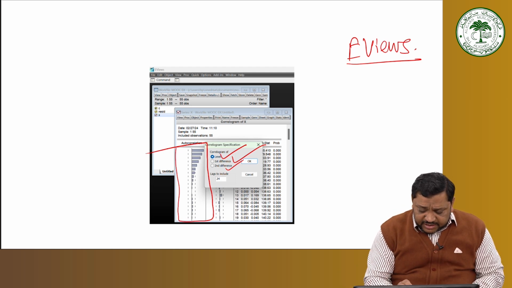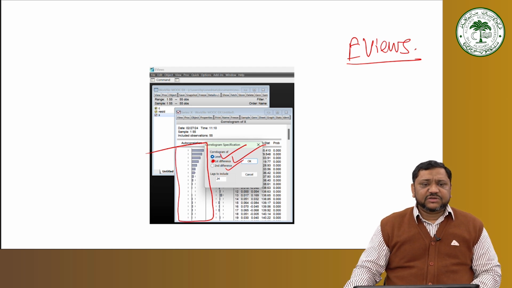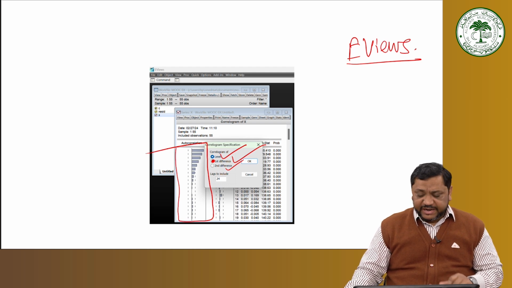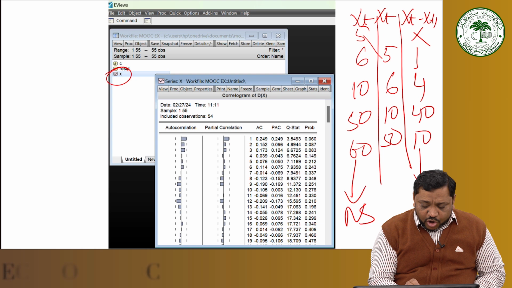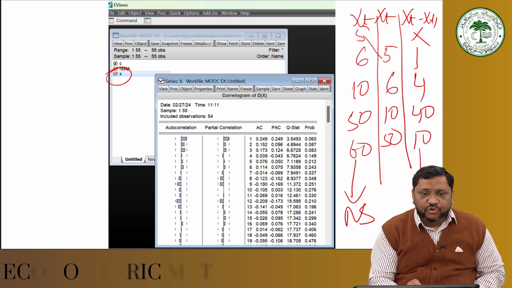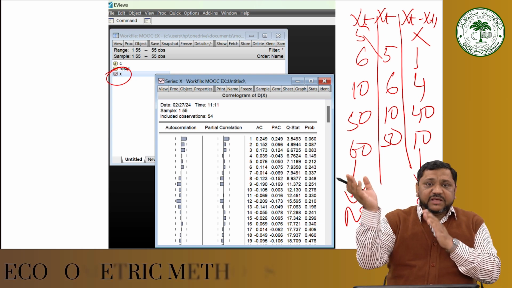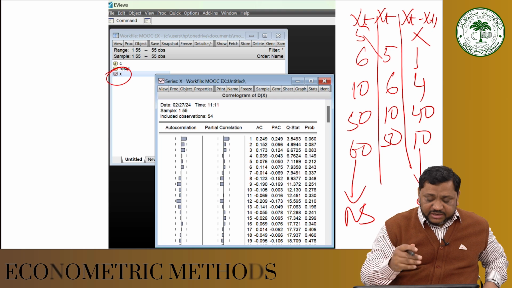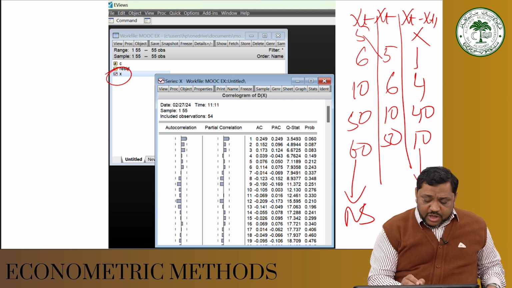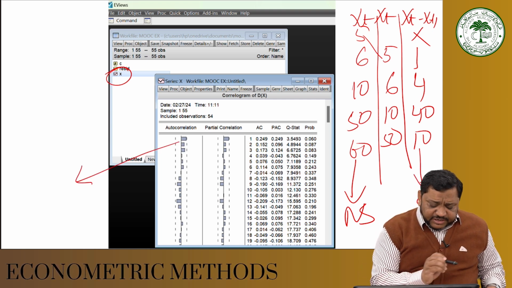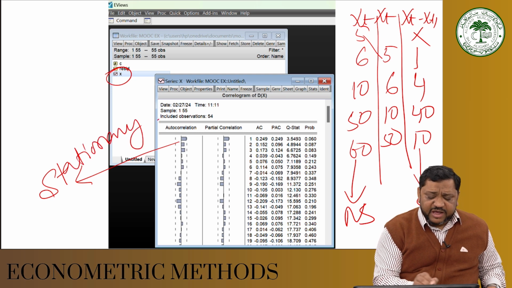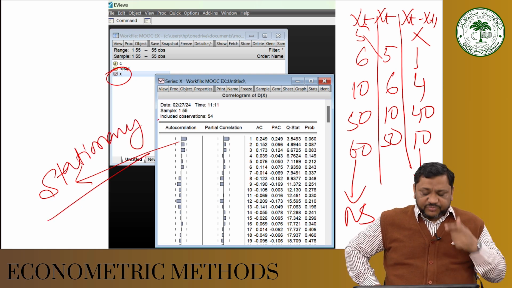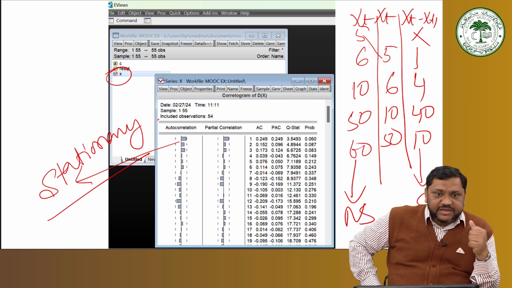So next time when we select, the second item will become highlighted, that is first stationary, then we see that the autocorrelation function is no longer like the spikes are not big and they are not getting reduced slowly. So from a visual representation of this, we can say that now the data is stationary. When we have taken the first order differentiation, the data is stationary.